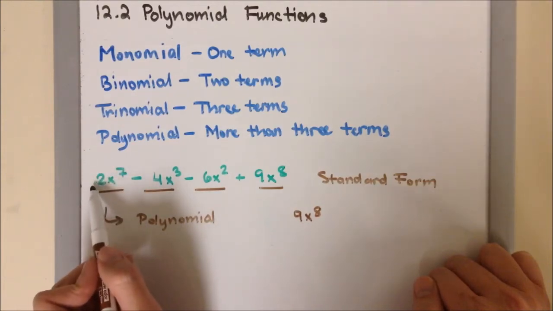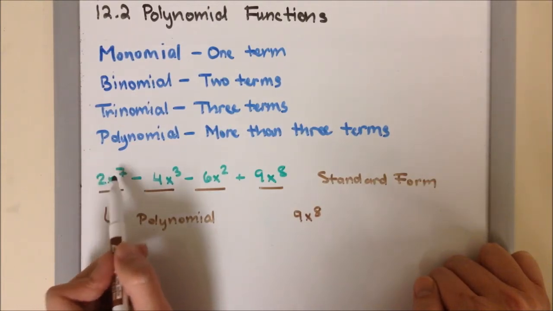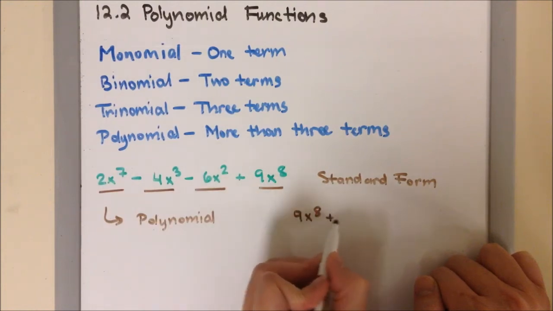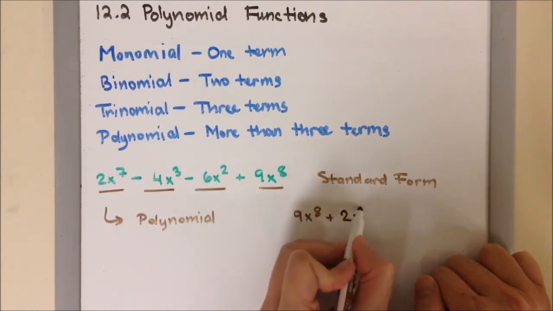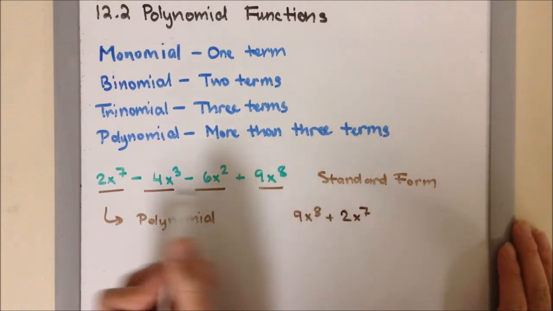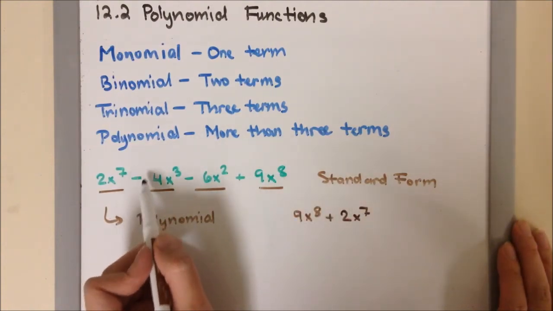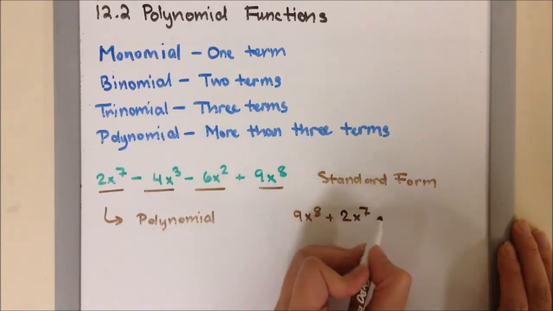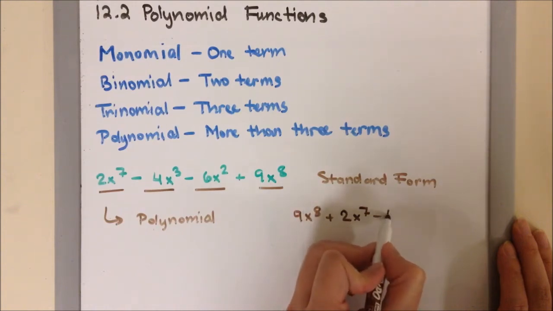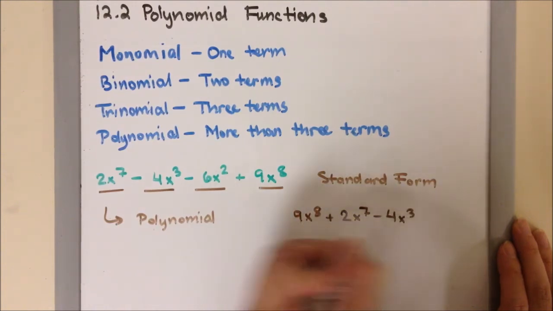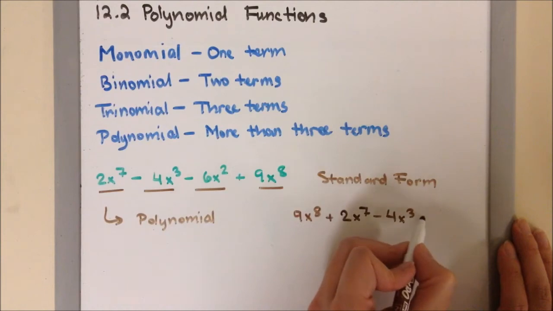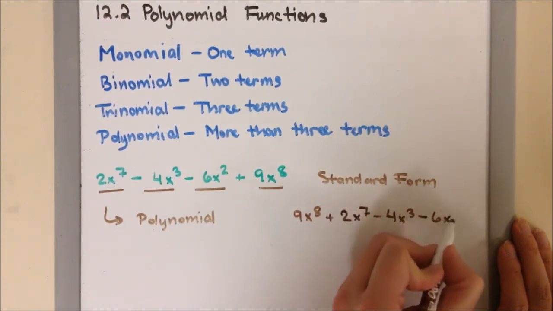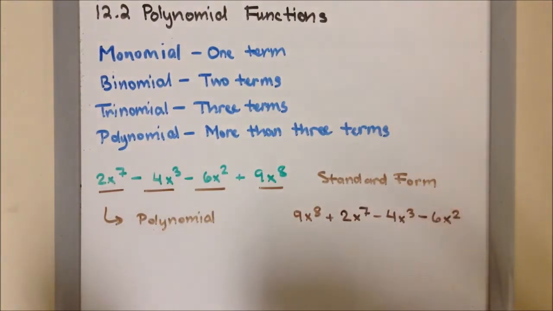So I'm going to write, since it's positive, a plus 2x to the seventh. And then what comes next is going to be the minus 4x to the third. And then minus 6x to the second power. So there's my standard form after putting the terms in order starting with the highest exponent.